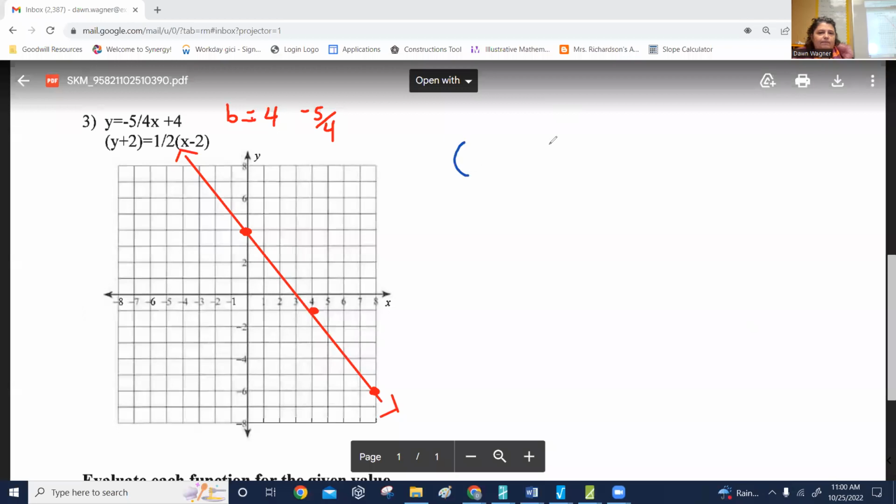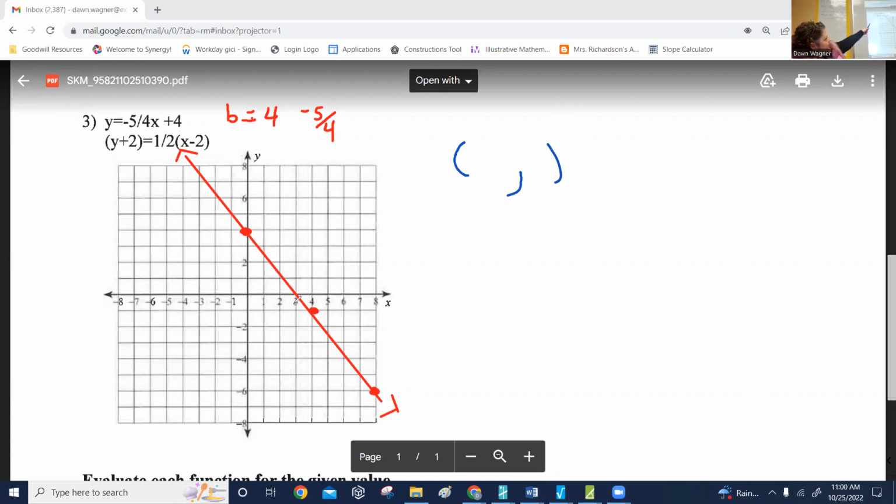Okay, what is the point when you have it in point slope form here? What's the x value of the point that I'm going to graph first? Do you remember what to do when it's in point slope form? We have to change the signs. If it's negative, I have to make it positive. If it's positive, I have to make it negative. And the number with the x will be my first number.